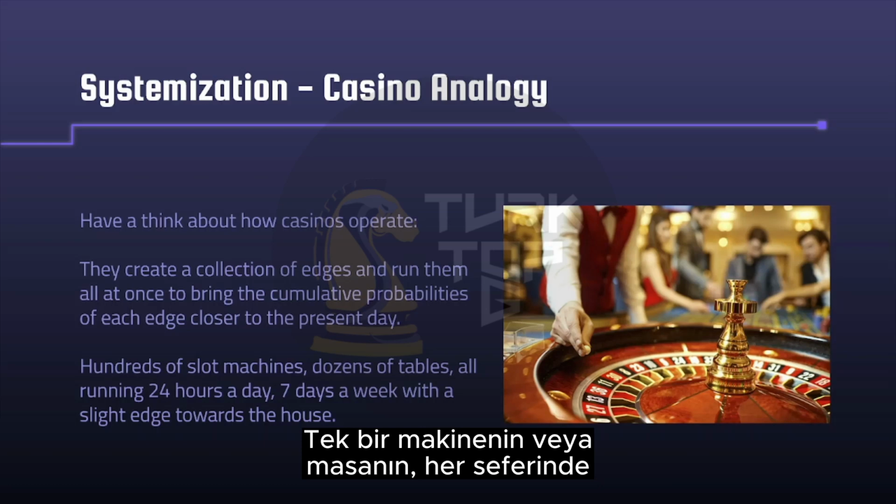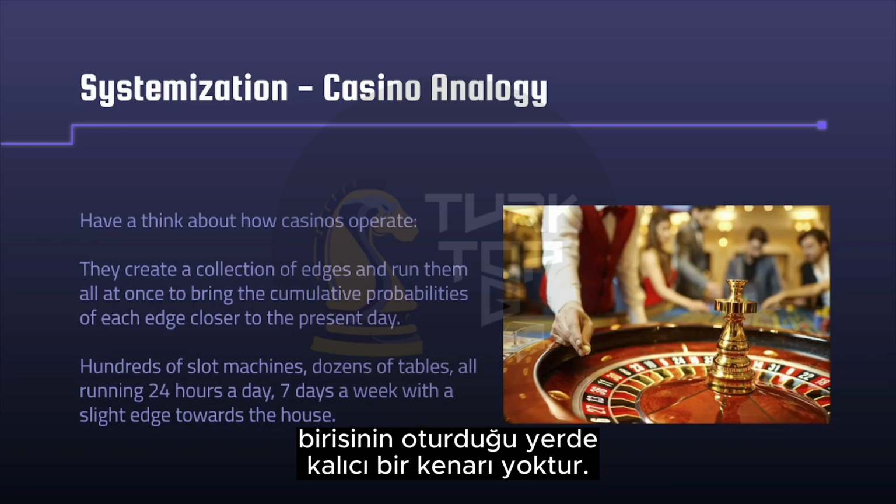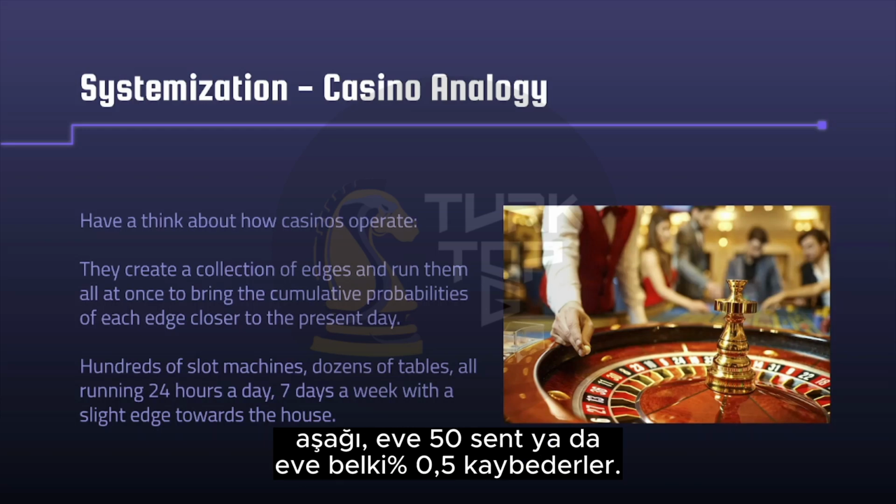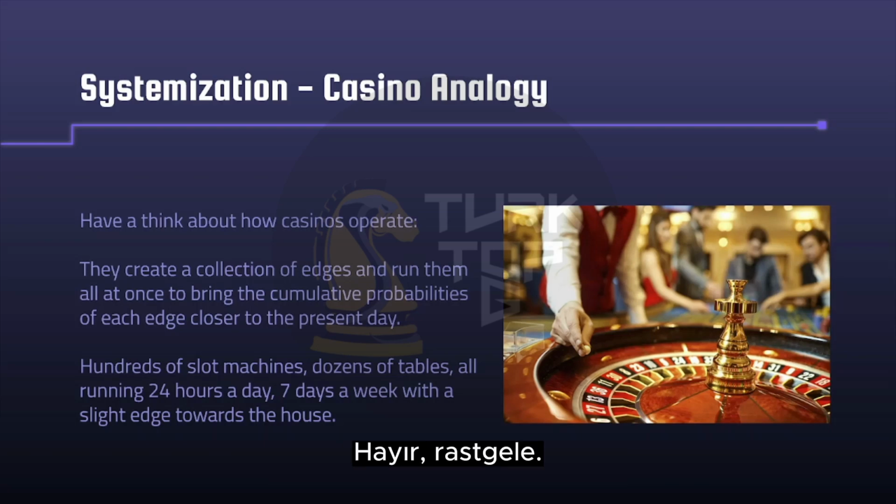No one single machine or table has a persistent edge where every single time somebody sits down, they lose 50 cents to the house, or maybe 0.5%. No, it's random. So you have to have all of these edges operating at the same time so that the average cumulative edge is very, very close to the average edge of all of the machines.